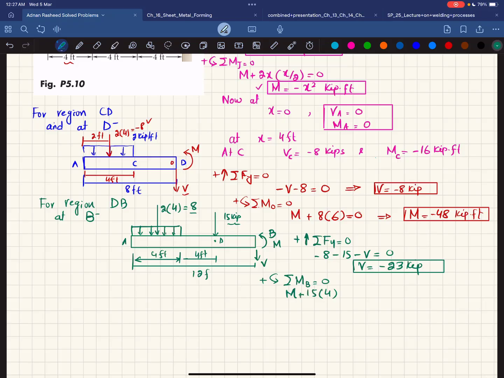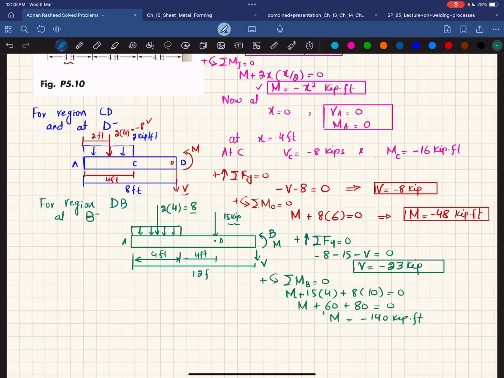And the last one is this 8 into perpendicular distance, which is 2 plus 4 plus 4, that is 10. So plus 8 into 10 is equal to 0. Now this M plus this 60 plus this 80 is equal to 0. So it means that moment is equal to minus 140 kips-feet.